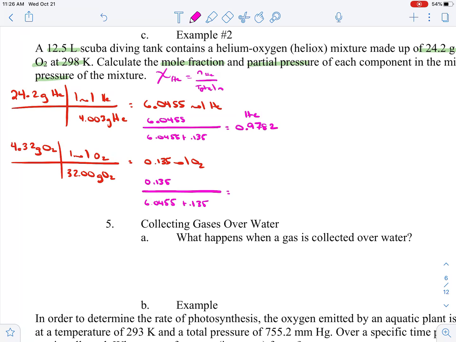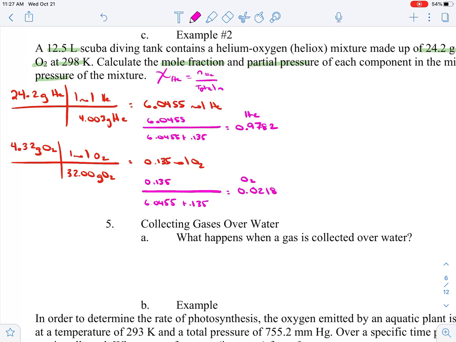We're going to do the same thing here. Forgot my parentheses. And down here we get 0.0218, and this is our mole fraction of oxygen. So this is our first part here.